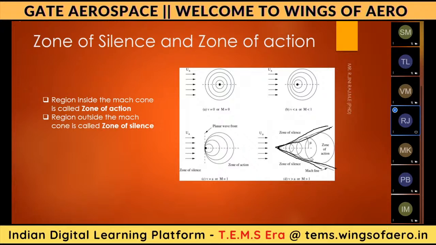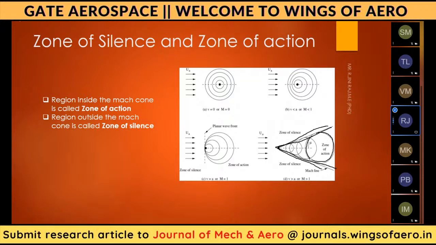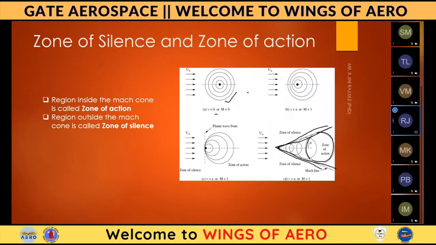Okay. So it is called Mach cone. The region inside this Mach cone is called zone of action, and the region outside this Mach cone is called zone of silence. Okay. And here we can see 4 pictures. In the first one, you can see the Mach number is 0.